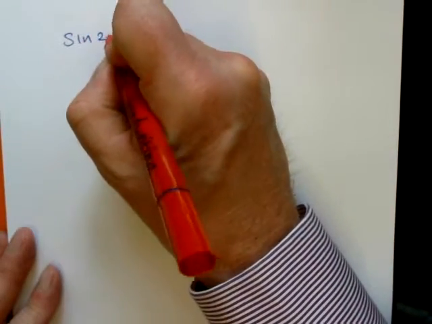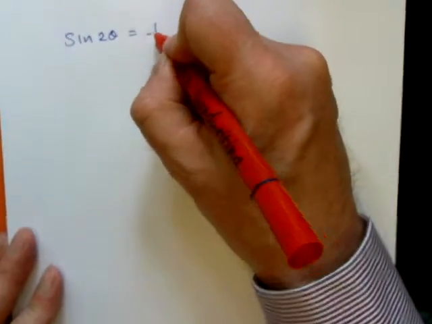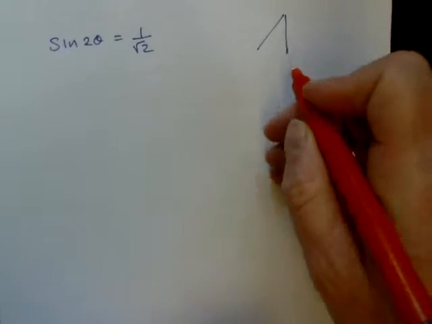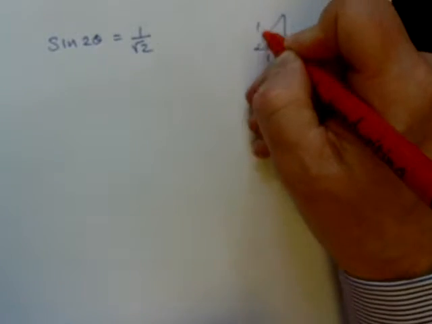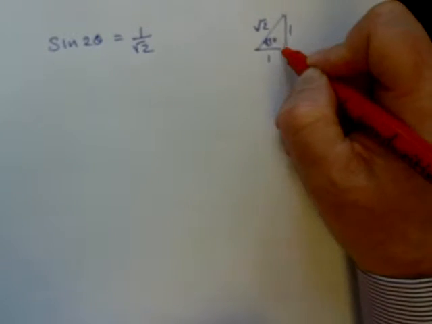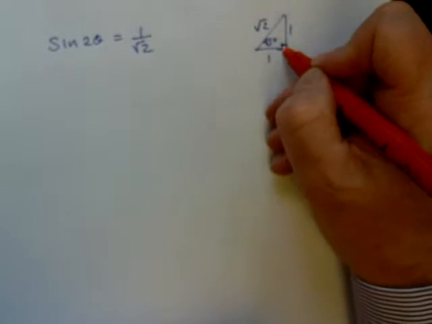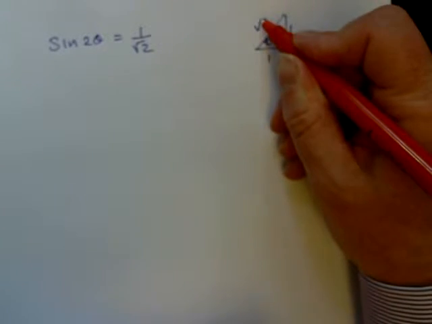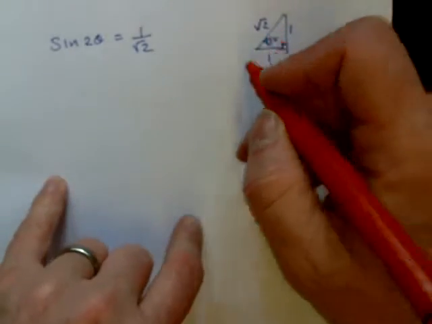Suppose sine 2 theta equals 1 over root 2. Now, you can do this using a calculator, but you should know that the 1 over root 2 comes from the 45-degree triangle, an isosceles triangle, where two sides are 1 and the hypotenuse is root 2.